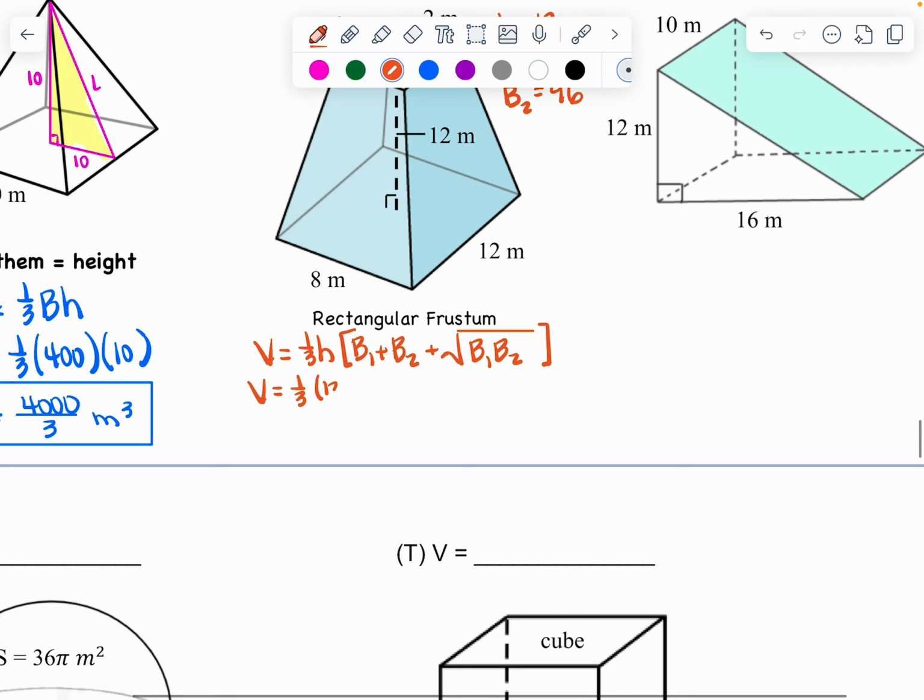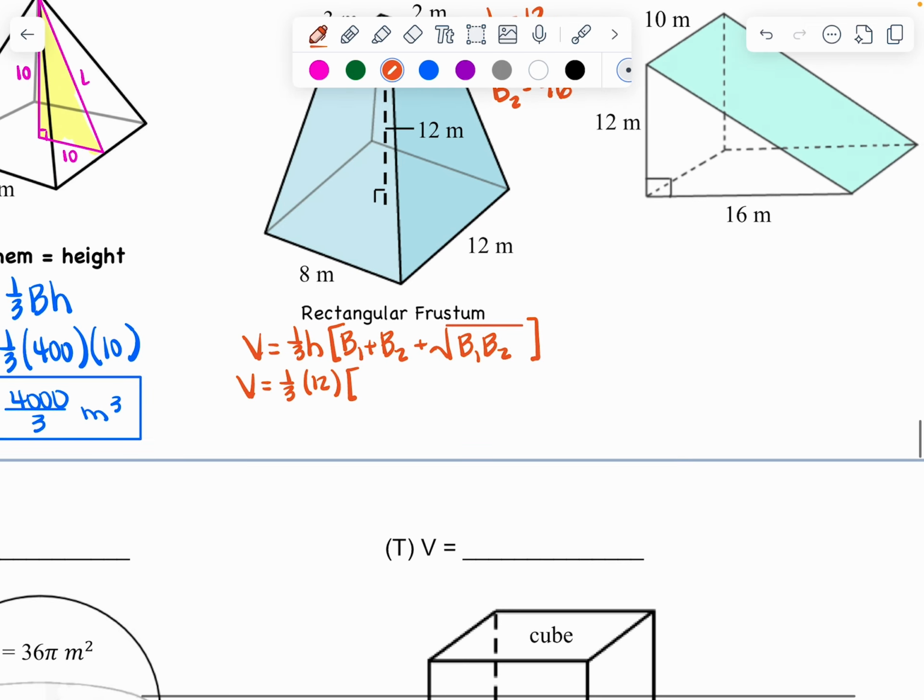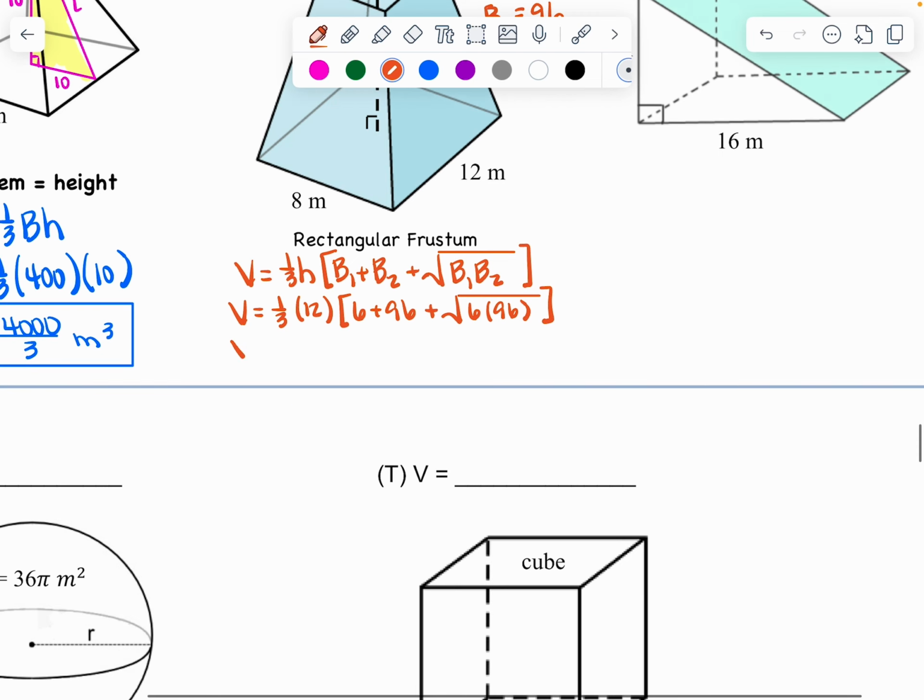So I have everything I need. I just need to throw it into my formula now. So I'm going to get 1/3 the height of 12, and then 6 plus 96 plus the square root of 6 times 96.